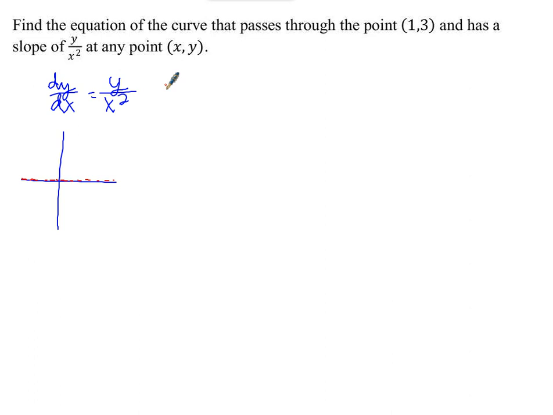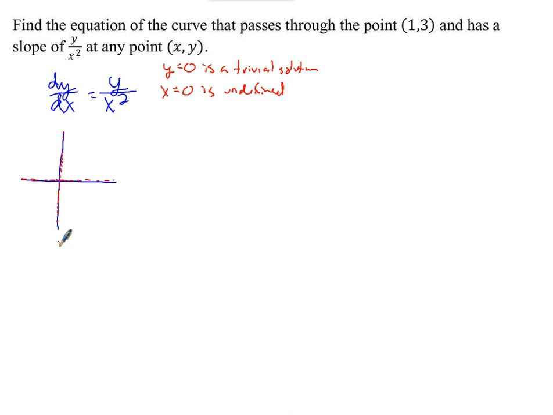So I am going to say y equals 0 is a trivial solution. But I'm also going to say x equals 0 is undefined. So what that does is it gives me a vertical asymptote there.